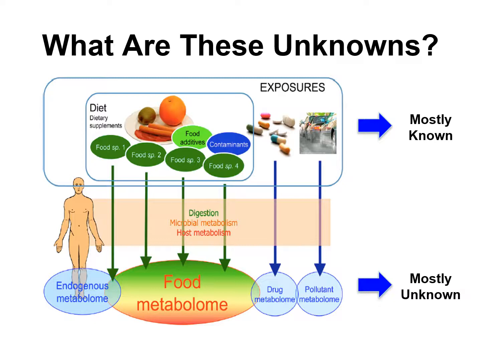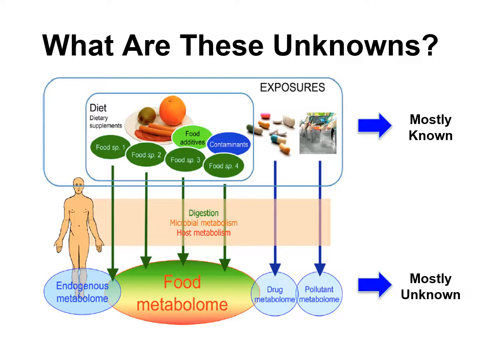We actually have a pretty good understanding of the types of compounds that are in our bodies, as we know from biochemistry, the types of things that we're exposed to, drugs or cosmetic chemicals or food components, those are mostly known. But as soon as they hit our liver, where phase 1 or phase 2 biotransformations happen, as soon as they hit our gut, where the microbial or microbiome transformations occur, things happen to these compounds.